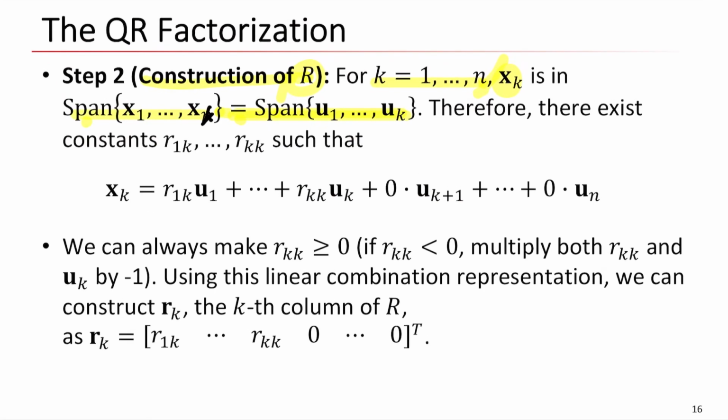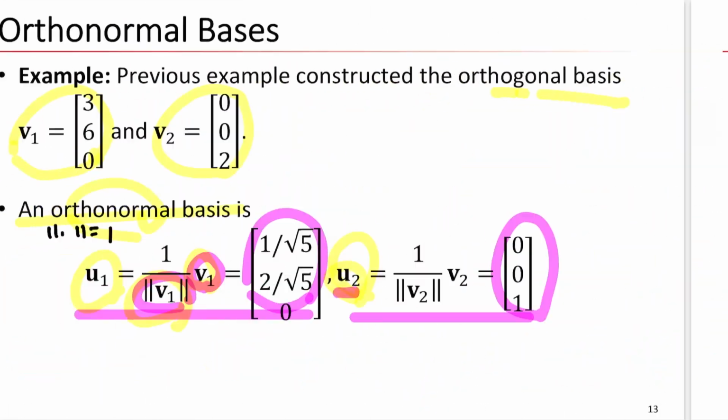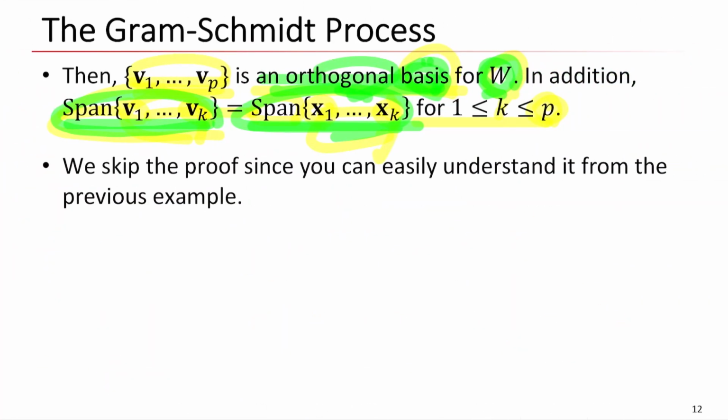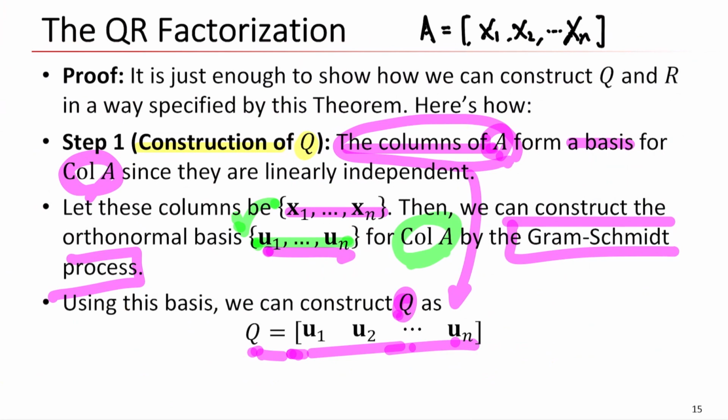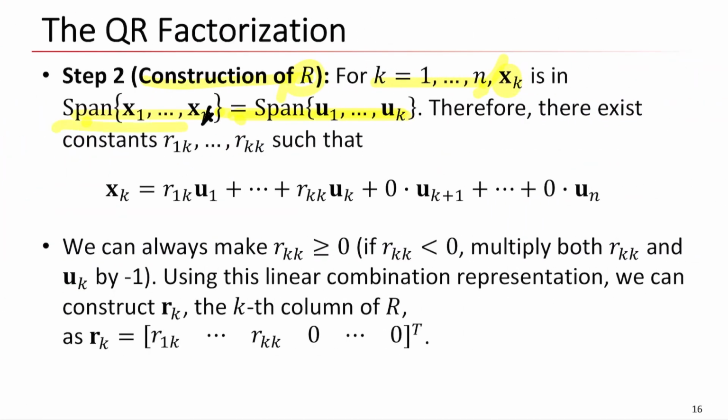Why? If you remember, it was the Gram-Schmidt process. Because v1 through vp is an orthogonal basis for W, we can say that the span of v1 through vk is equal to the span of x1 through xk, right? So we can use this property here.